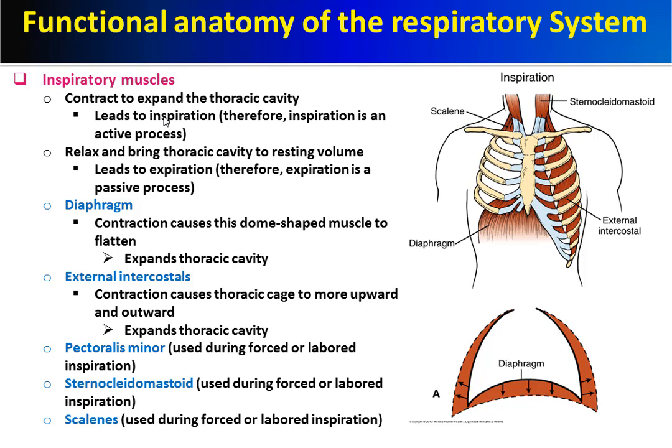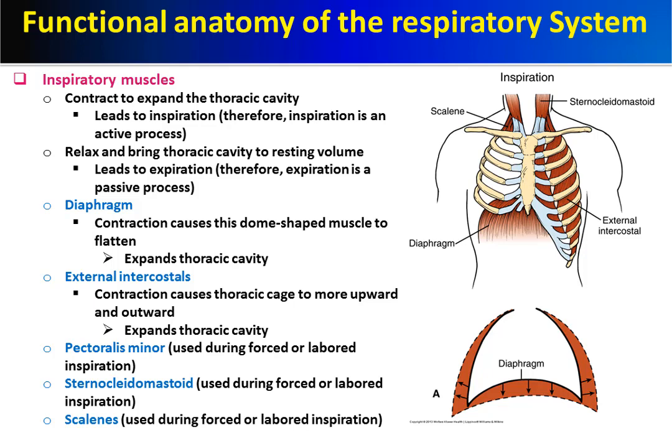It is not that the chest cavity expands because air gets in. In fact, air gets in after the chest cavity has expanded as a result of contraction of the muscles of inspiration, and we will describe the dynamics of inspiration and expiration in detail during this video recording.